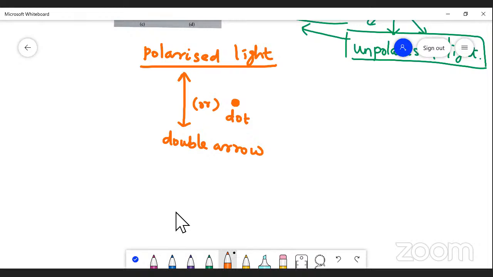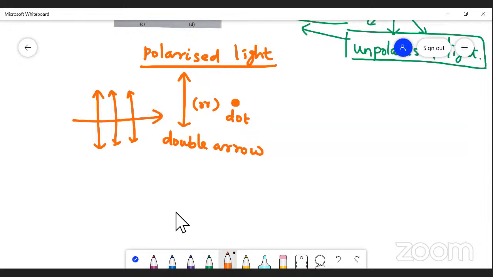It consists of vibration in a plane which is parallel to the plane. Suppose here the whiteboard is a plane. The plane polarized light passes like this. Means the light wave passes like this.